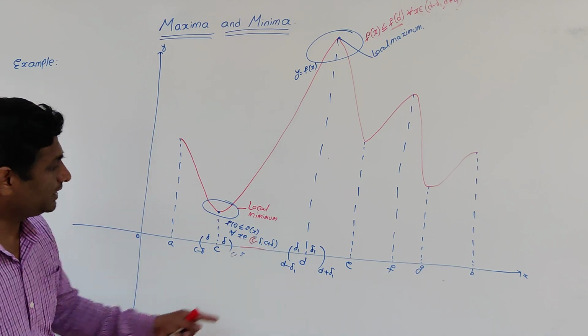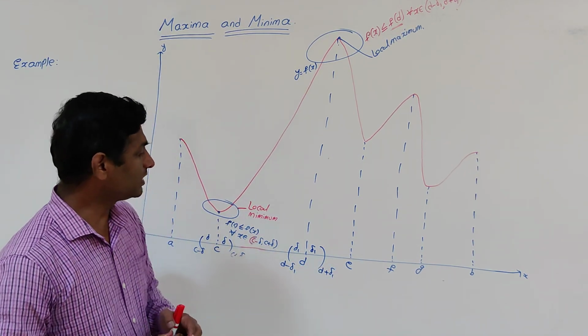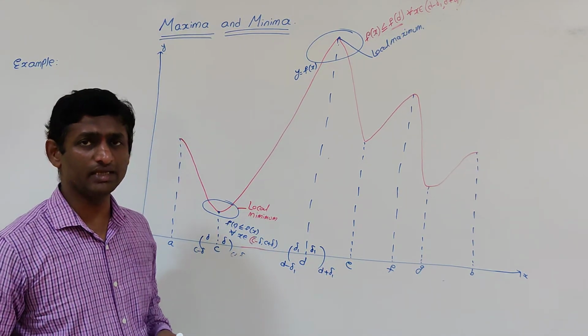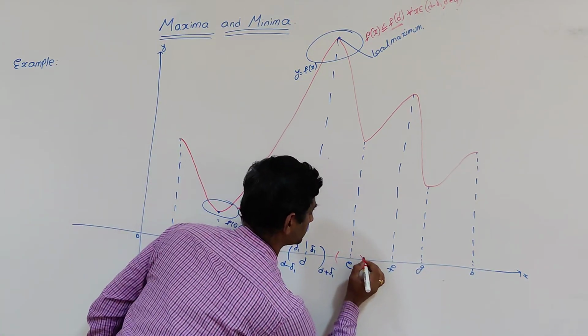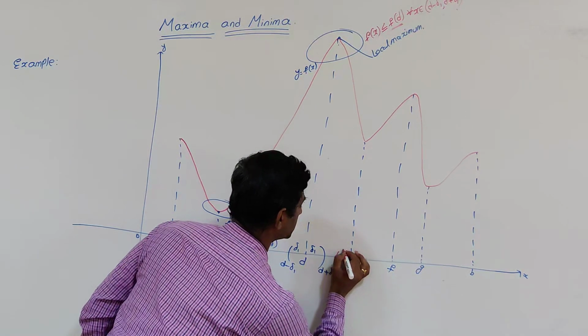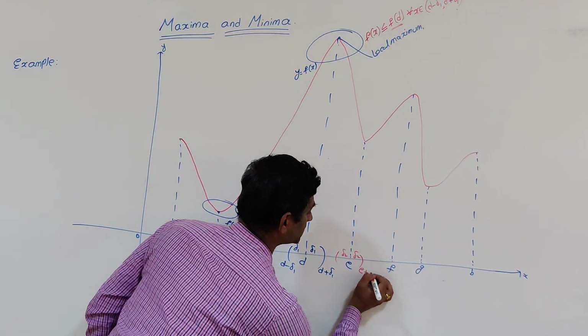Now coming to E. Again, if you take a small neighborhood of E with delta 2 distance, then the interval will be E minus delta 2 to E plus delta 2.